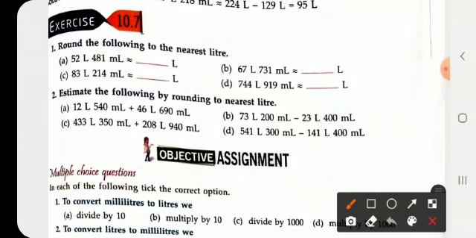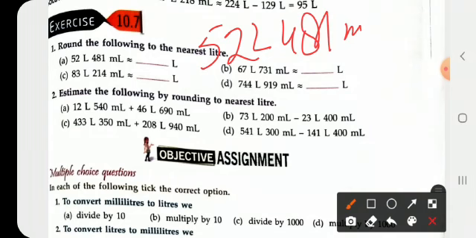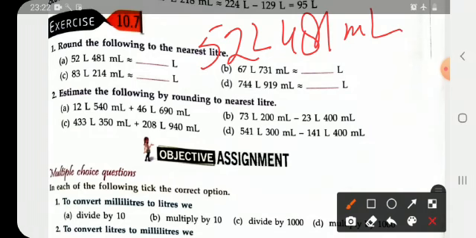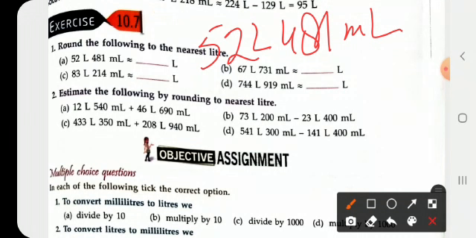Now what is the sum? 52 liters 481 milliliters, right? And we have to convert it into nearest liters. So what will we do? This is already in liters, right?